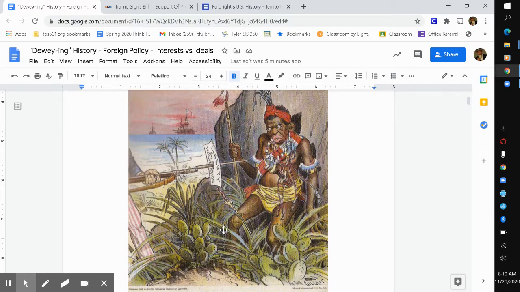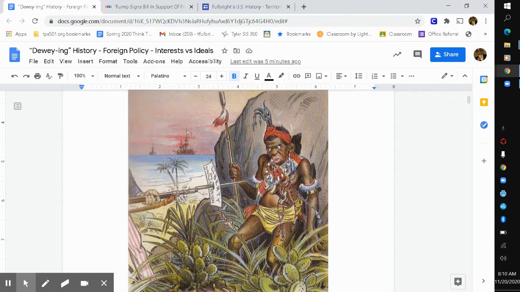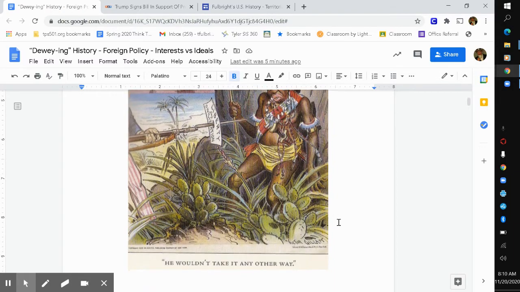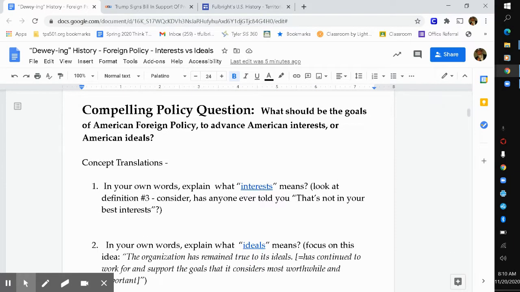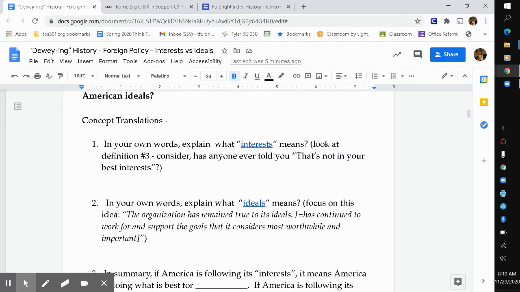Try and think about how this might be related to foreign policy. Does America always act with peace towards other countries when we're trying to advance our ideals? We're going to be talking about that concept of interest versus ideals just so we can better understand our case study.